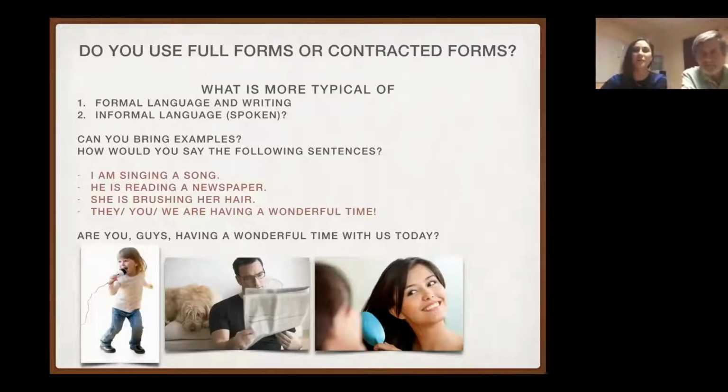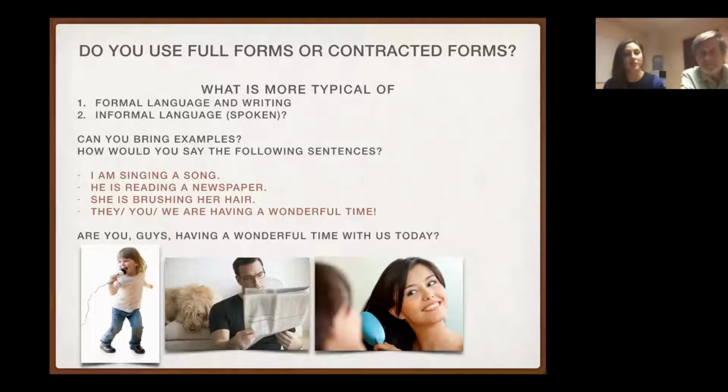Now, Thomas has already mentioned the use of full and contracted forms, and now we'll talk about it in more detail. What is more typical of formal language and writing, and what is more typical of informal or spoken language?